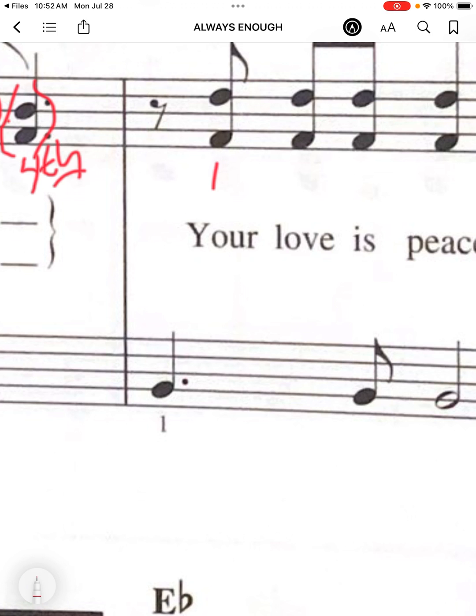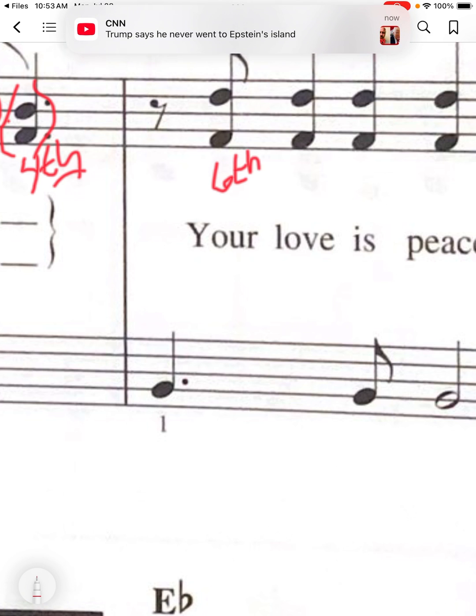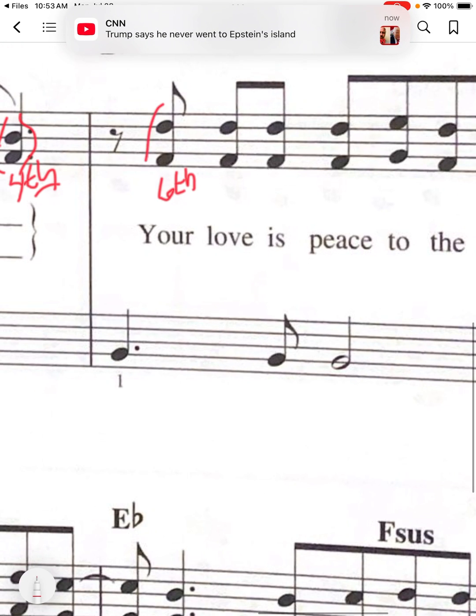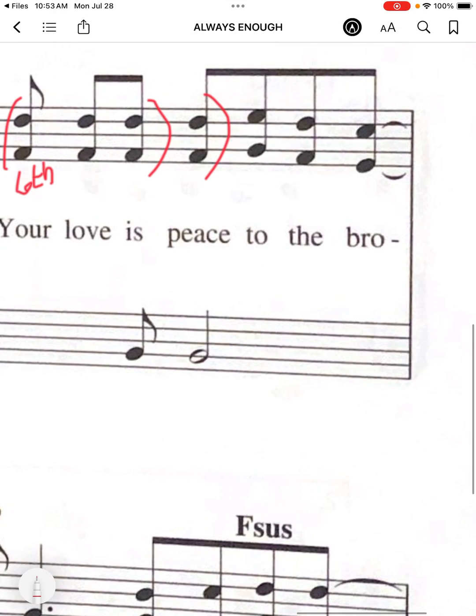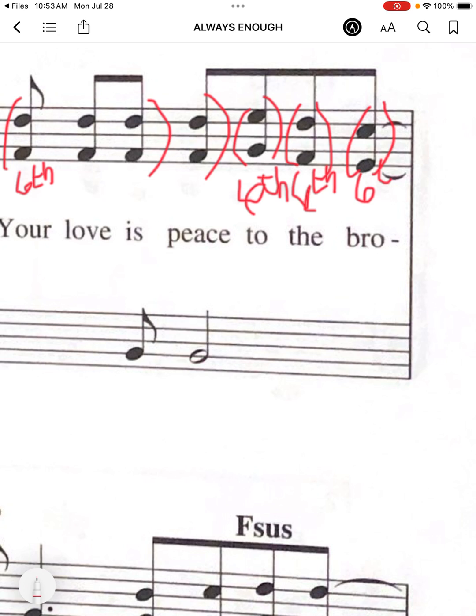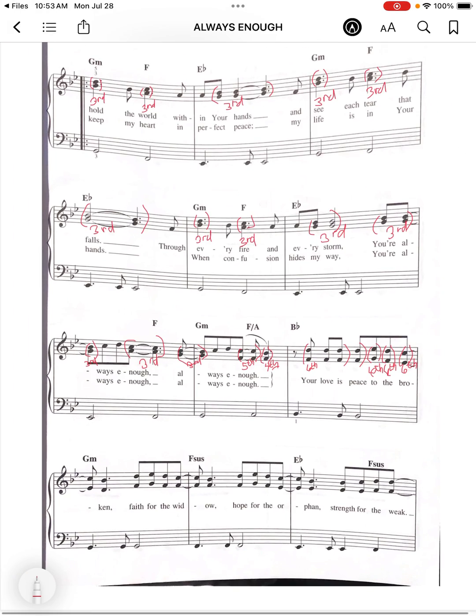Okay, for this one it's a 6. These 3, and I think this one too. Oh, okay, I stand corrected. The 6 on this one. And then a 6 on him. And then a 6 on him. All those.